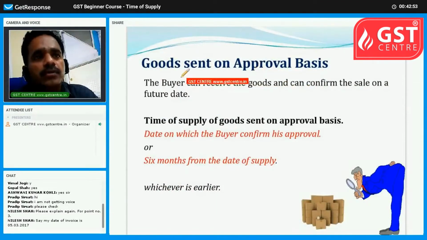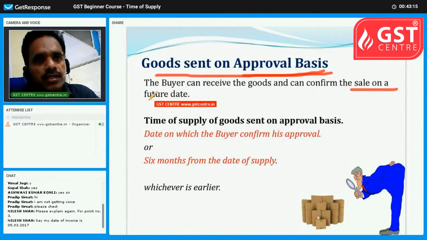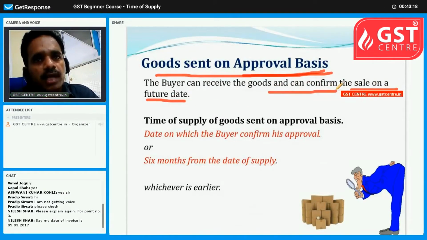Then what will happen to goods sent on approval basis? The supplier sends goods to the customer, but the customer says, I will check and test it, and only then can I confirm whether the sale can be made. That is a sale on a future date, when the buyer can confirm. That is goods sent on approval basis. In that case, what will be the time of supply?